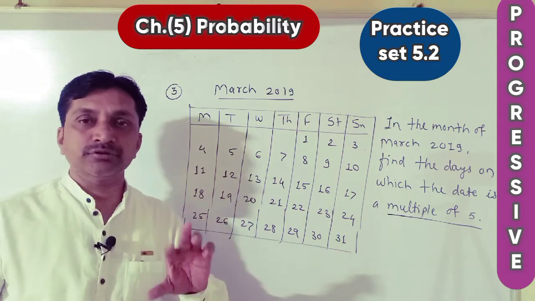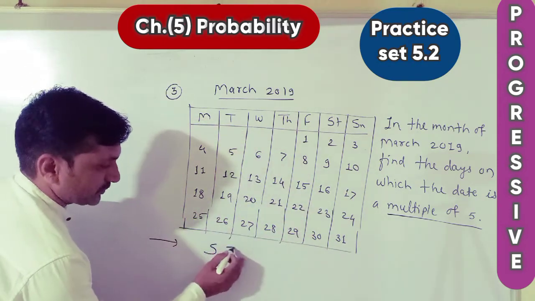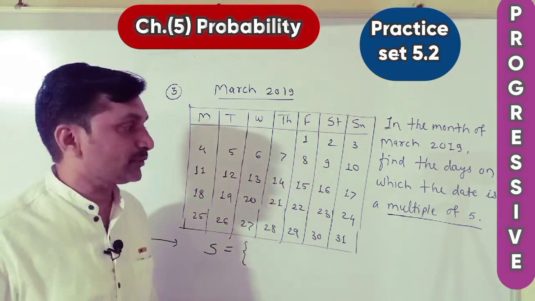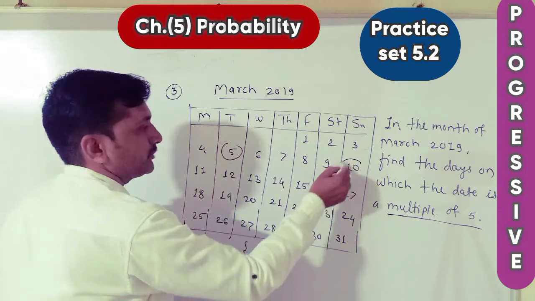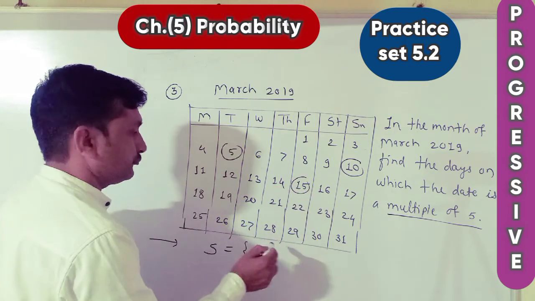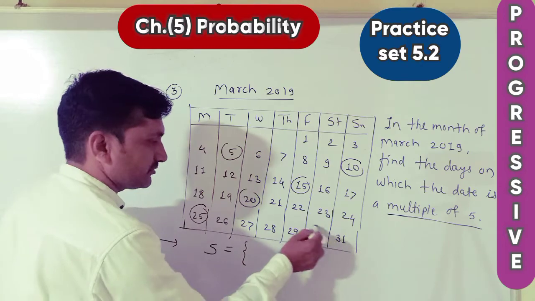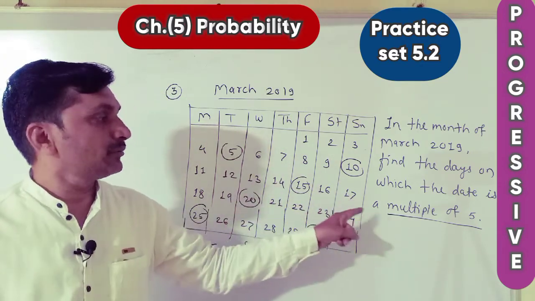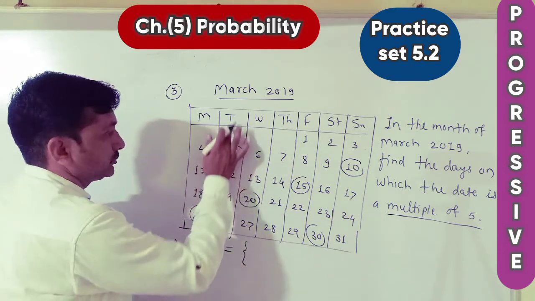Let's see first on which days a multiple of 5 is coming. 5 ones are 5, 5 twos are 10, 5 threes are 15, 5 fours are 20, 5 fives are 25, 5 sixes are 30. These are the dates that are multiples of 5.